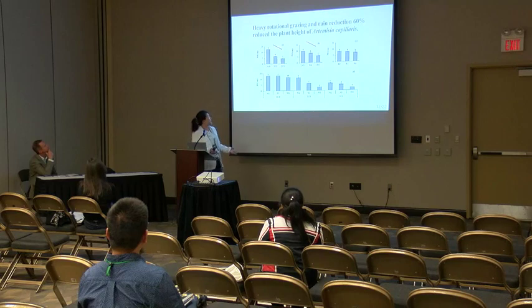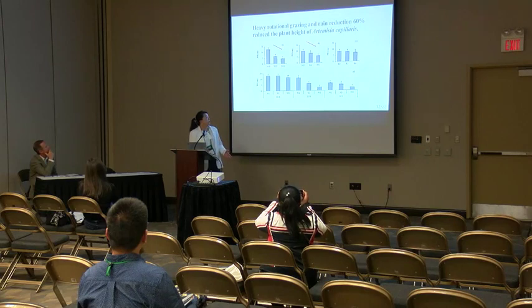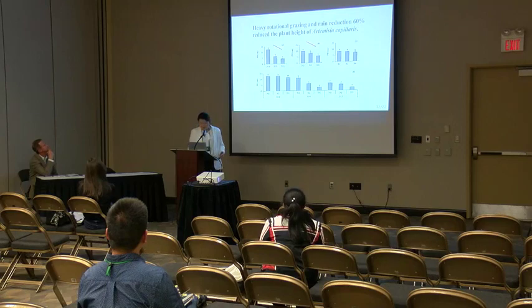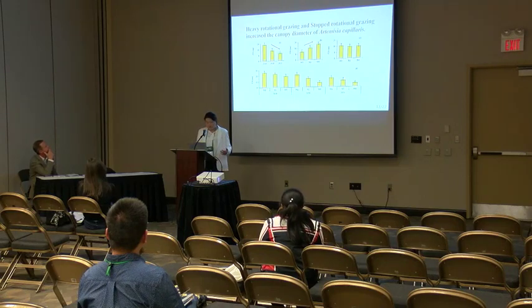We also found that heavy grazing and the 13% rain reduction reduced the plant height, and after stopping grazing for 18 years, the plant height did not recover. Heavy rotational grazing and stopped rotational grazing increased the canopy diameter of the Artemisia.